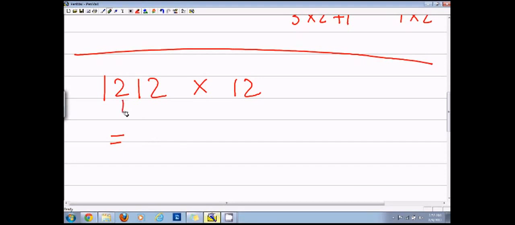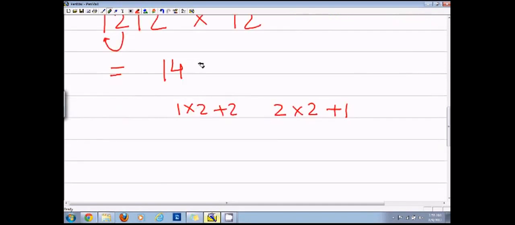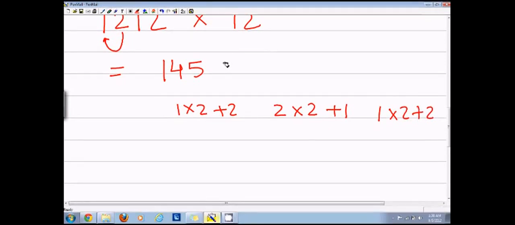First I write 1 here because the first digit is 1, and then I say 1 into 2 plus 2, that is 4, then 2 into 2 plus 1, that is 5, then 1 into 2 plus 2, that is 4, and then 2 into 2, that is 4. So the answer is 14544.